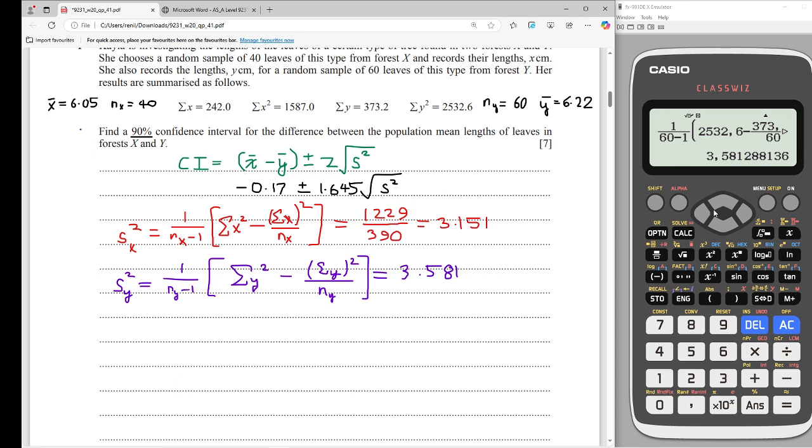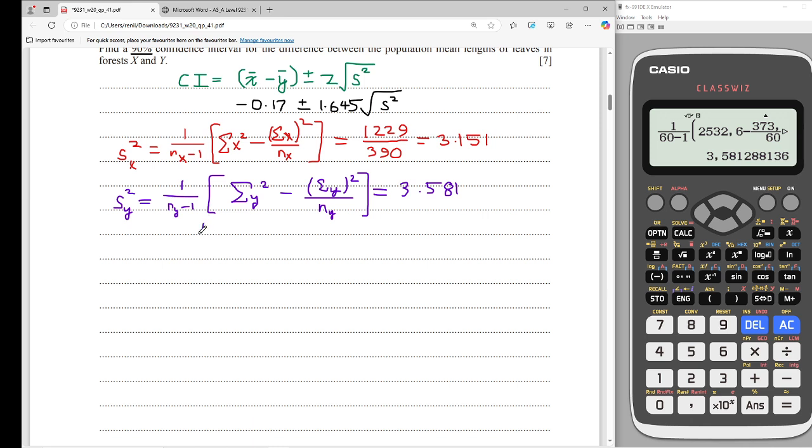Okay, notice how we didn't have a fraction value. That is because this value is a bit too great. So we can break down our equation into 1 by 59 multiplied by what's inside this bracket.